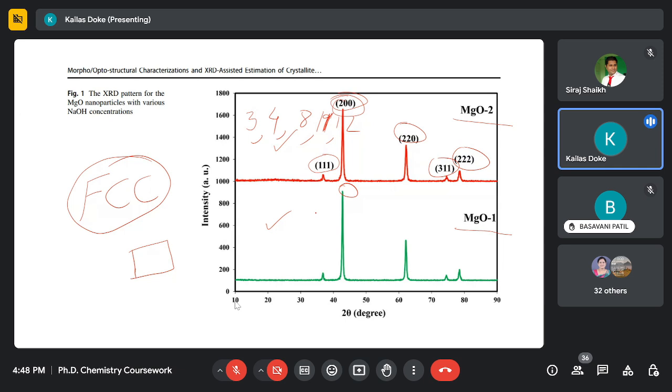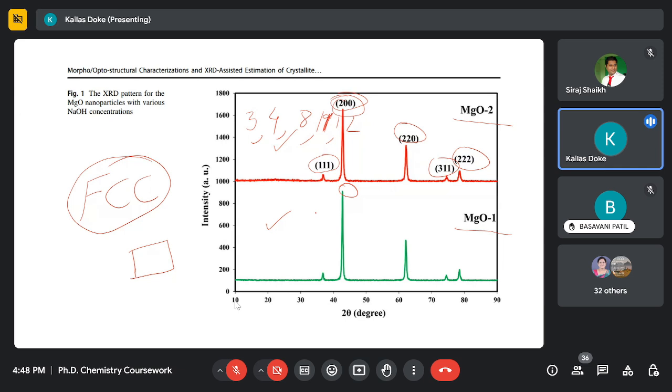So we should have a soft copy of this XRD and the Origin software with us. With the help of Origin software, that soft copy of this particular intense peak can be enlarged into one big peak.